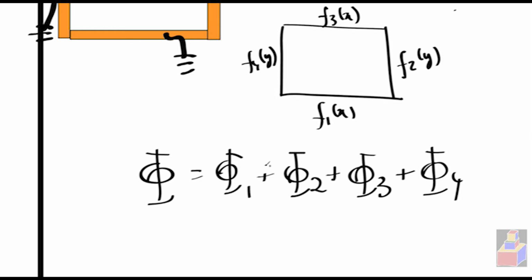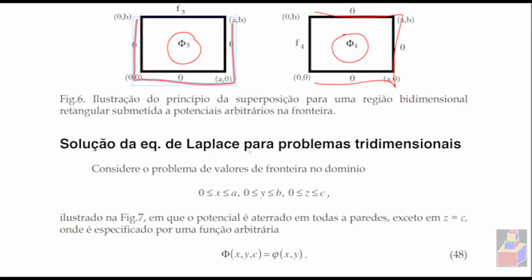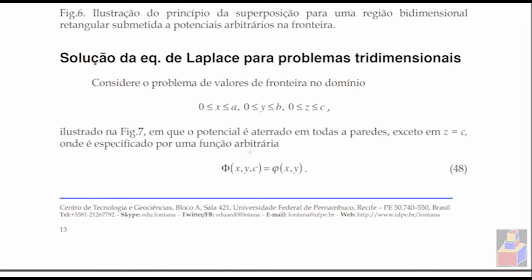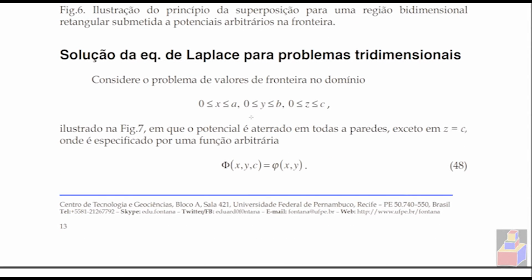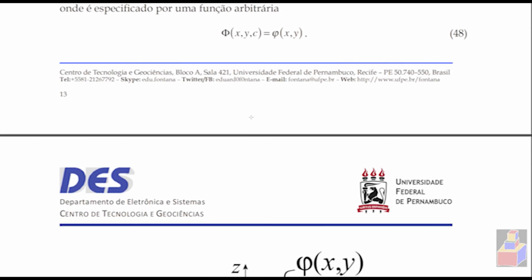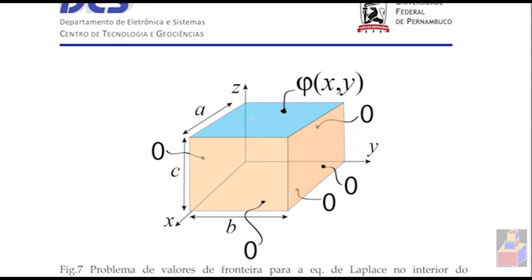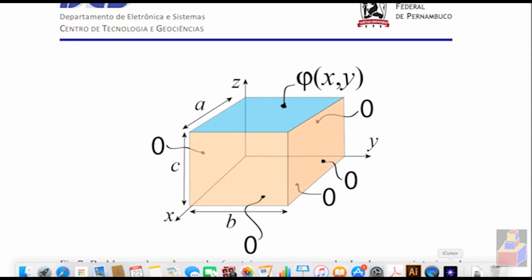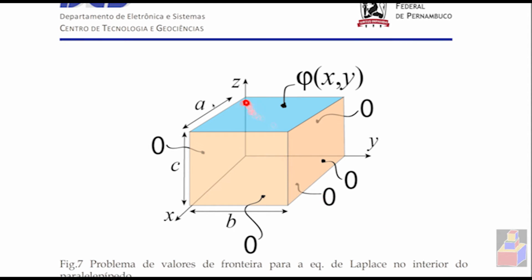Now, if we go back to three-dimensional problems, you can also make a similar methodology. You can solve a problem in a tri-dimensional domain like this. Now, x goes from 0 to a, y goes from 0 to b, and z goes from 0 to c.